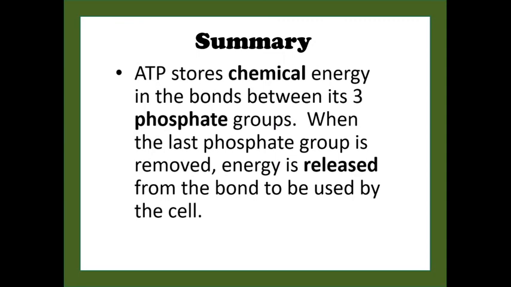Keep in mind 3, triphosphate. Now, when the last phosphate group is removed, the energy will be released from the bond to be used by the cell. So, ATP, you're going to have those 3-phosphate groups, but when it's released from the bond, that's when we're going to only have 2 phosphate groups that are attached, making it the adenosine diphosphate.